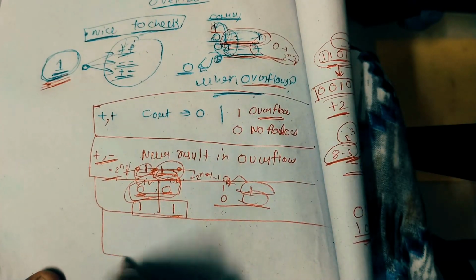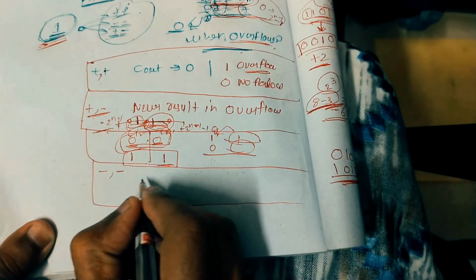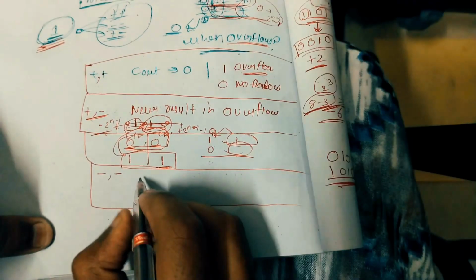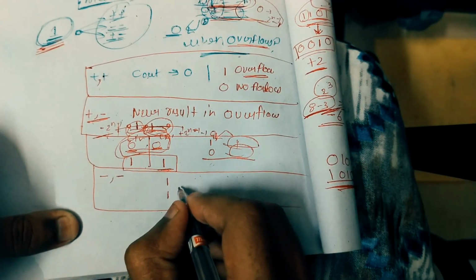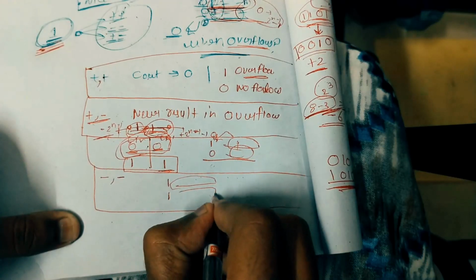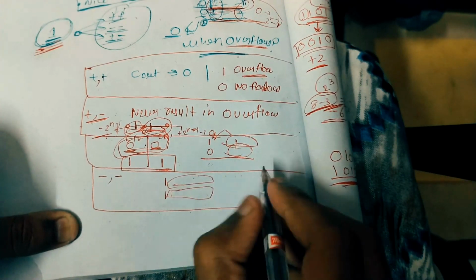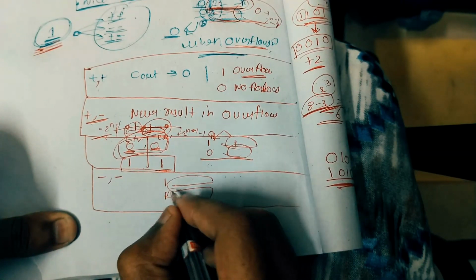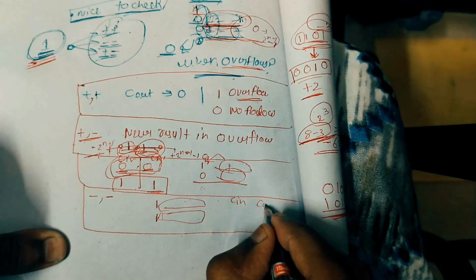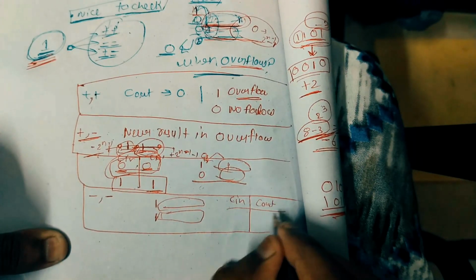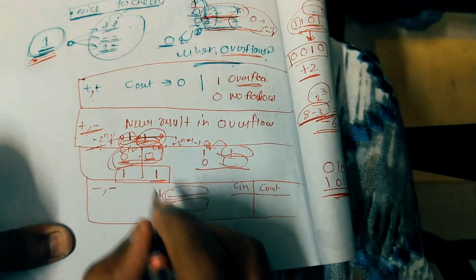Now let's look at the third case, which is negative and negative. Here both the sign bits would be 1 and these other n minus 1 bits would produce some result. Here also we have carry in and carry out. These two are both negative numbers, right?